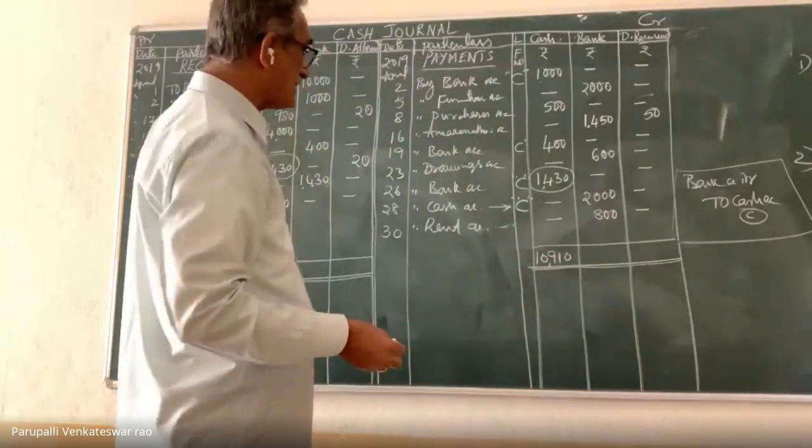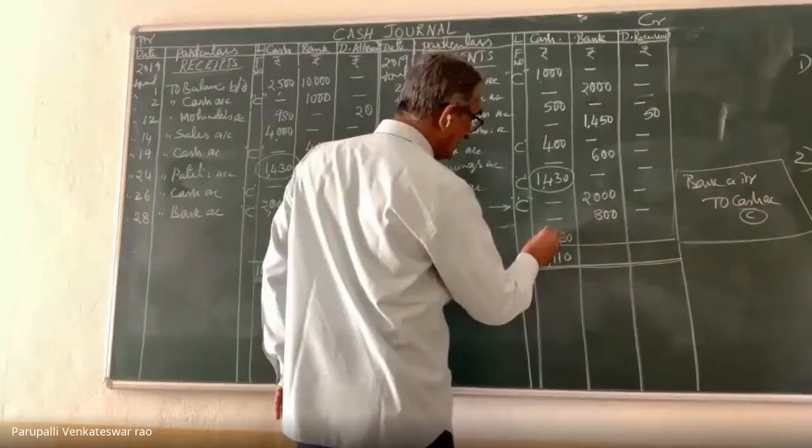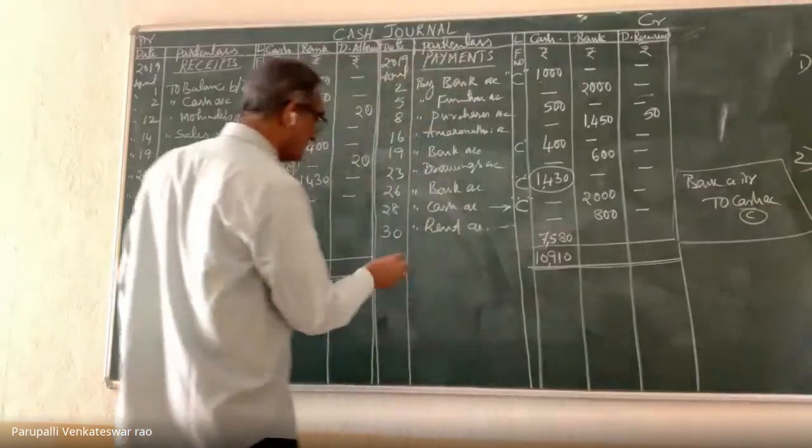What is the difference? 7,580 is the shortage. This is known as April.